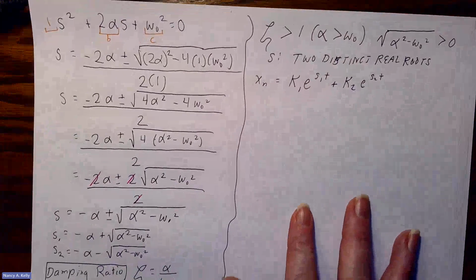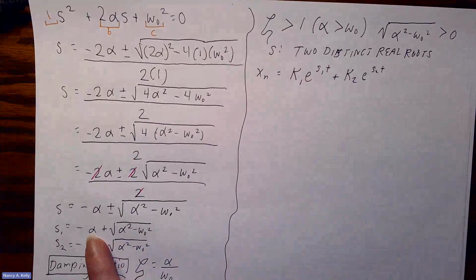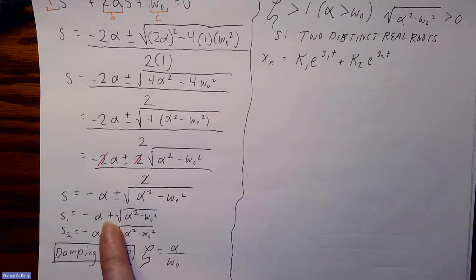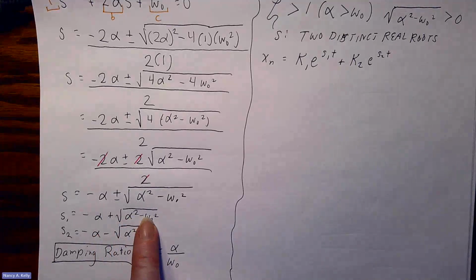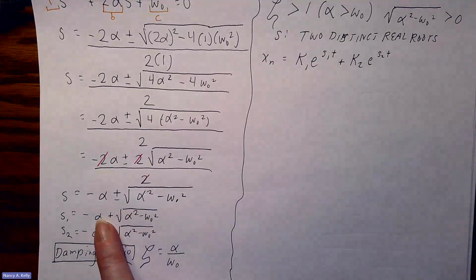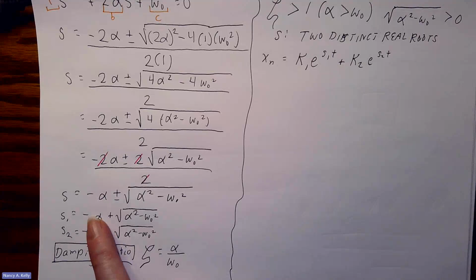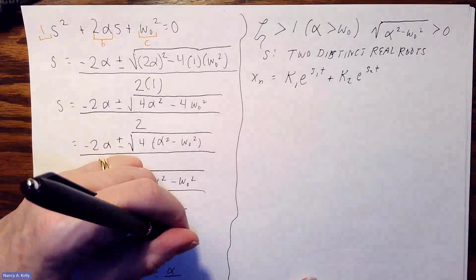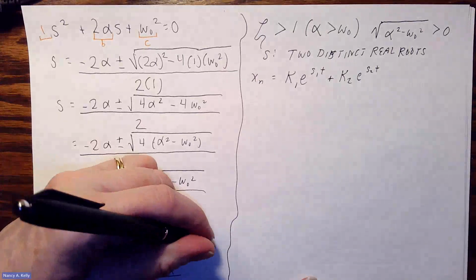All right. The other thing that we wanted to say is that S1 and S2 are both going to be negative. You see there's this minus sign in front of them. You can tell that whatever this value is here, it's going to be smaller than the absolute value of alpha. So we expect that both S1 and S2 will be less than 0.